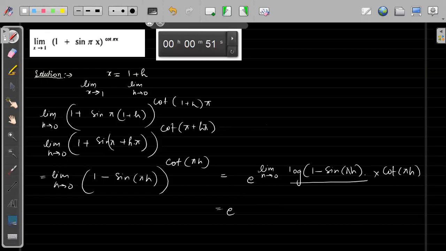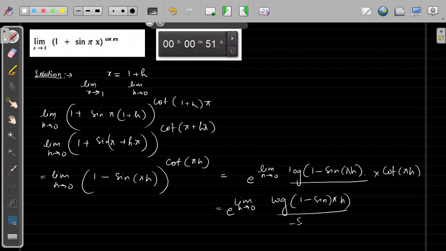Because this is tending to 0, we can multiply and divide with minus sine of pi h. That is why this minus sign is coming into cot of pi h.